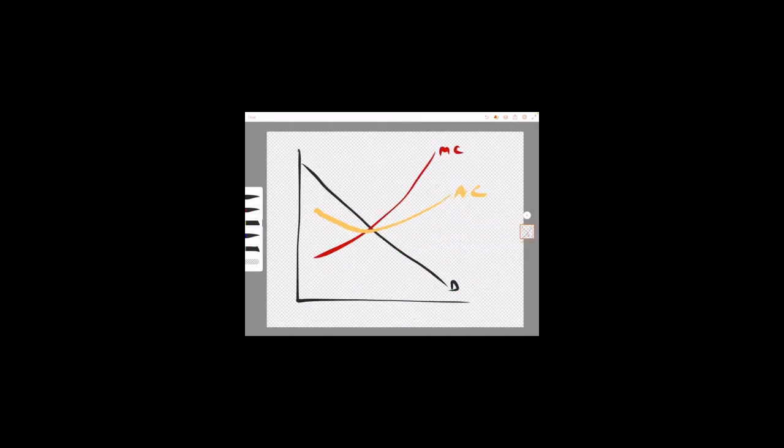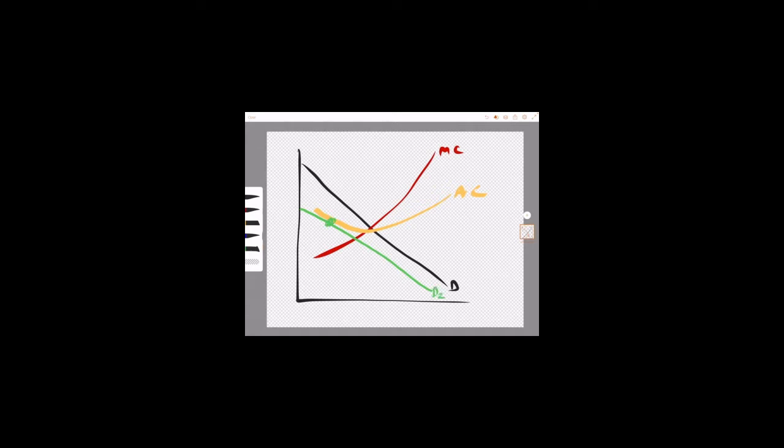Here we have the demand curve, downward sloping, the marginal cost curve, and the average cost curve. I've just taken these from the previous graph. I left out the marginal revenue curve because it just makes things a little bit messy. Now what happens is that with entry, the demand for this particular firm shifts downward, and we have a tangency right here.